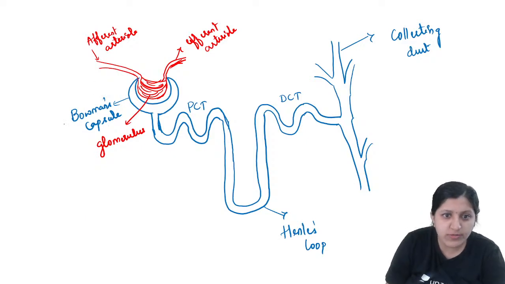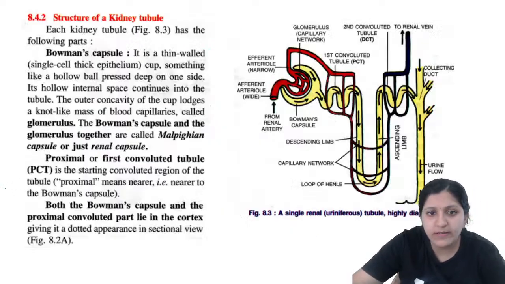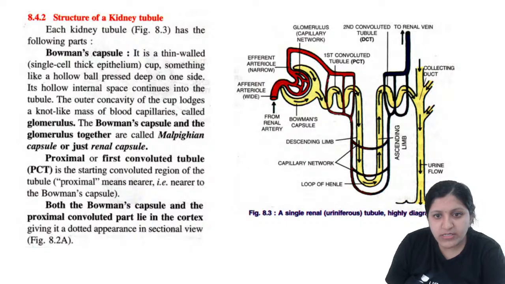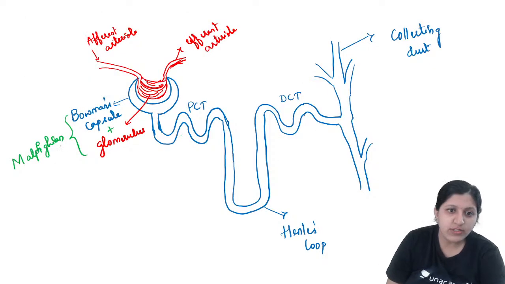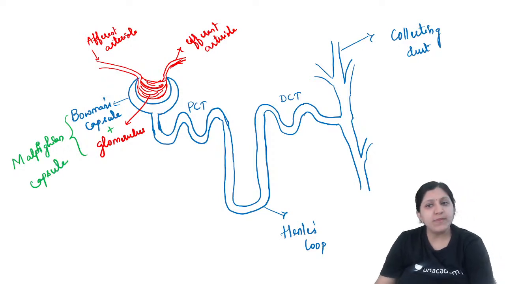These two parts together we call a Malpighian capsule. I was just checking the spelling, so it is correct. So this together we can call a Malpighian capsule.